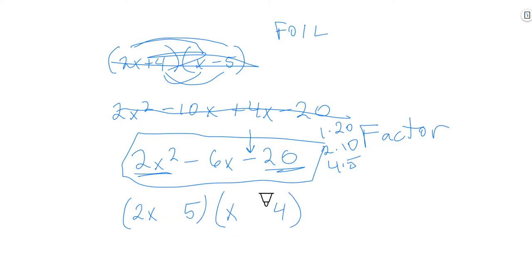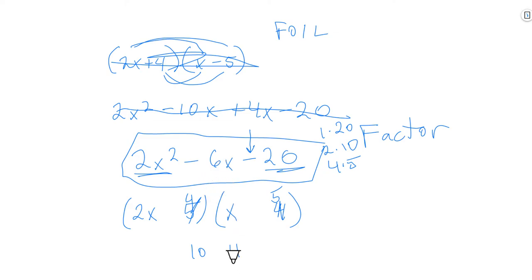Well, that gives us 8 and 5. And no matter how you subtract 8 and 5, you get either plus or minus 3. That's not going to work. So then we say, okay, let's cross it out, because we don't want to spend a lot of time on this. I'll put the 4 here and the 5 there. So that gives me 10 and 4. And when I subtract them, I get 6.